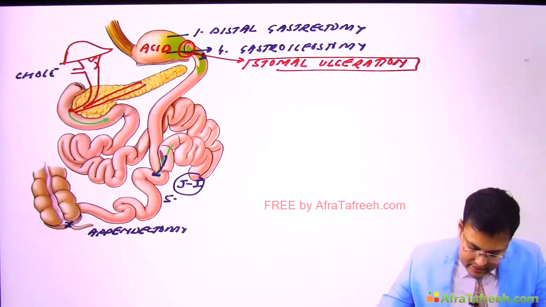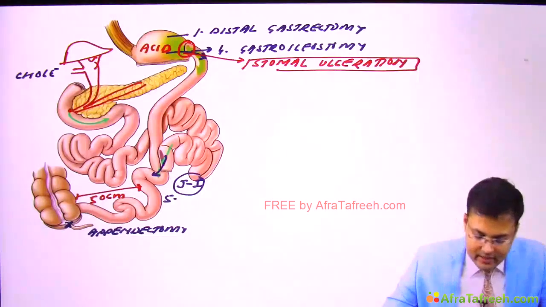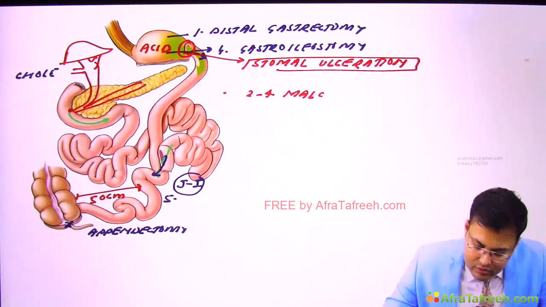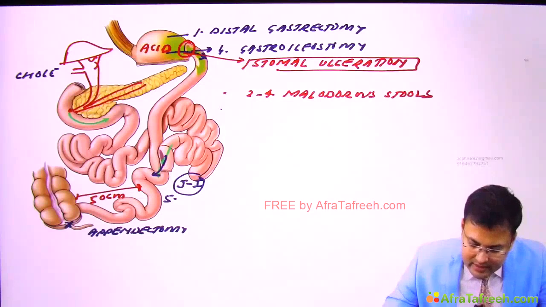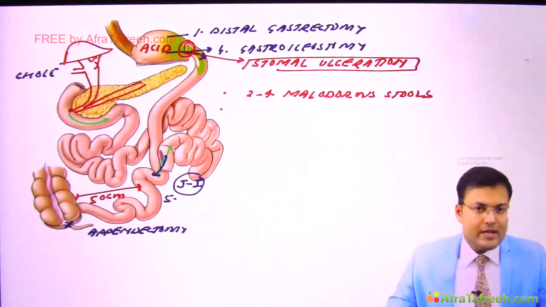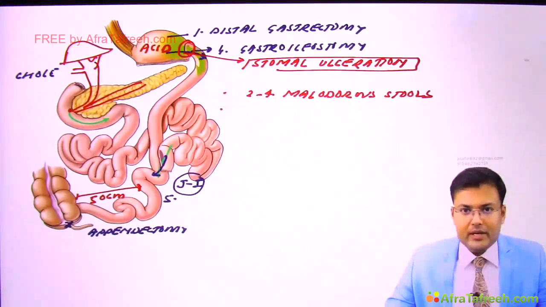And second, the common channel is only 50 centimeters, which is why the patient passes 2 to 4 malodorous stools. And there is an increased risk of deficiency of micronutrients. Vitamin deficiency is also more common here. So this is biliopancreatic diversion.